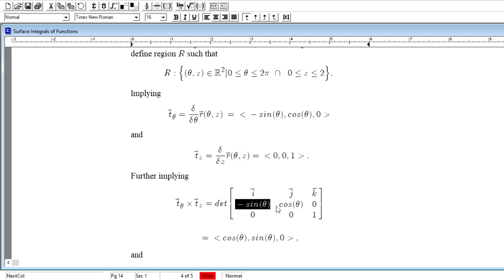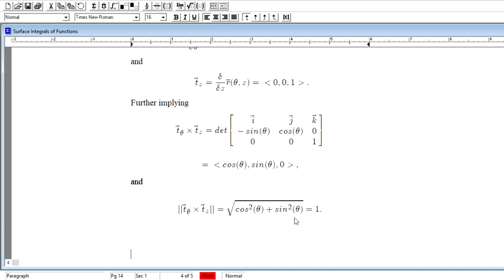The opposite of negative sine theta times 1 minus 0 times 0 is the sine theta. And the cross product of the negative sine times 0 minus the cosine times 0 is itself 0. So this would be our cross product calculation for the two vectors found above.